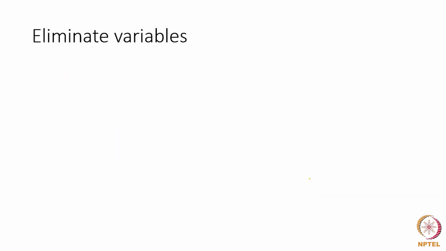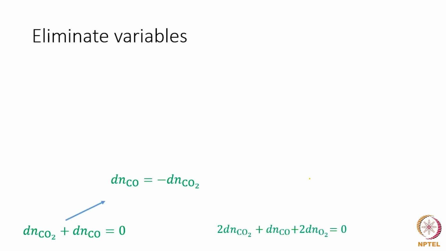So we combine these and eliminate the variables as follows. We start off with one of these equations and use that to write that DNCO is equal to minus DNCO2, and the second equation we use to substitute this, and from there we get DNO2 is equal to minus half of DNCO2.